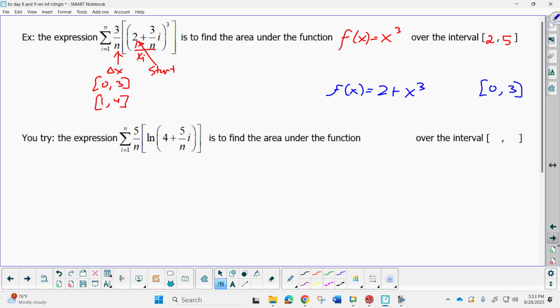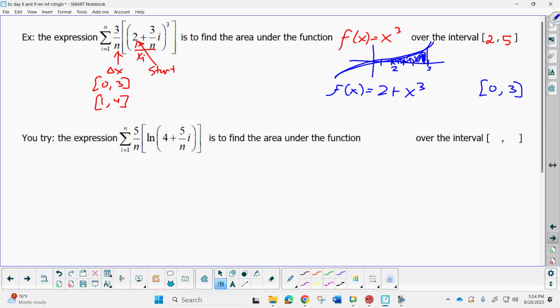If you think about this graphically, I'm going to graph this really wide. Obviously, x cubed grows really quick, but we're going to graph it really wide. This from 2 to 5 might look this way. That's really terrible.